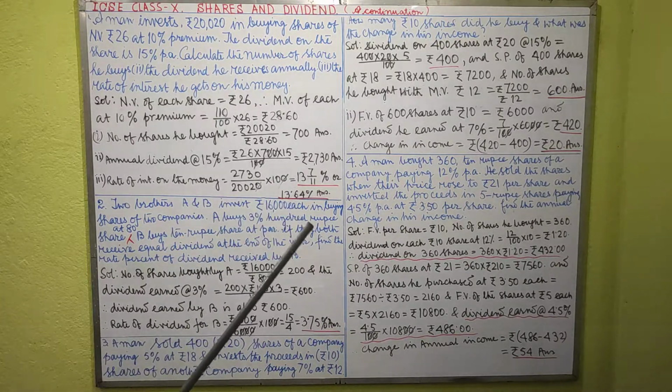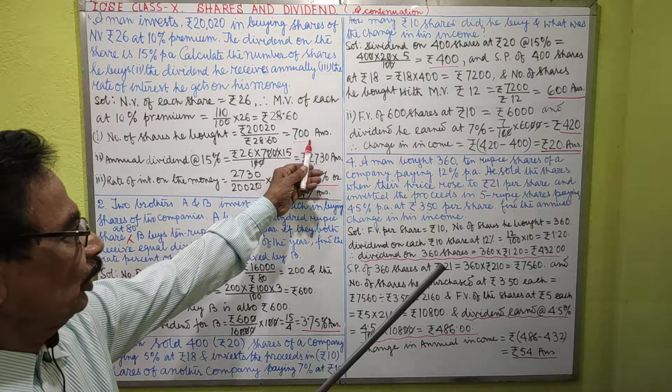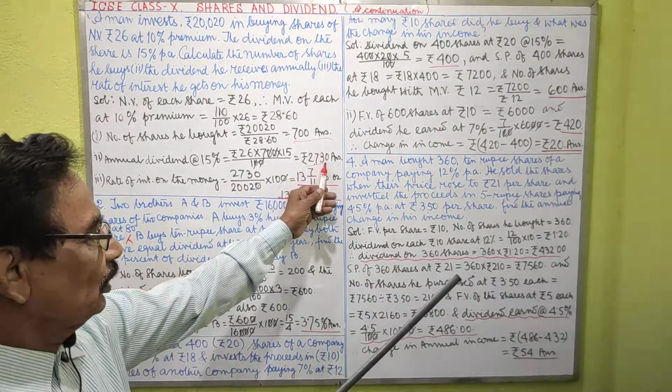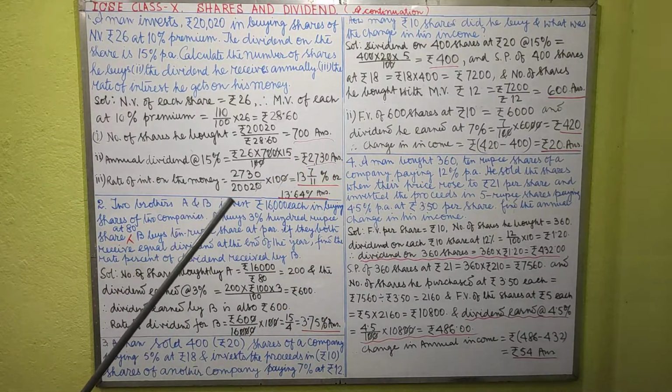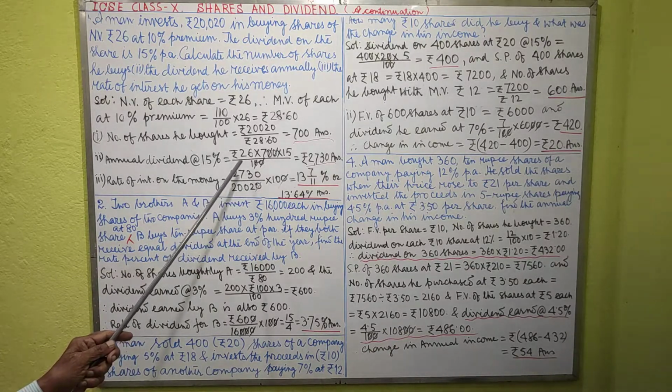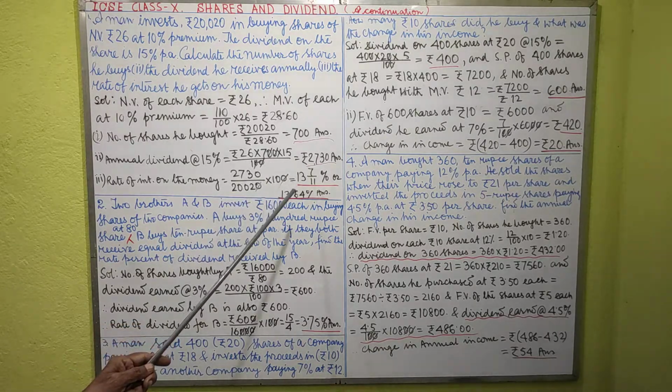And annual dividend is 15% of his 700 shares, equal to number of shares into nominal value into 15 by 100, which is 2,730 only.